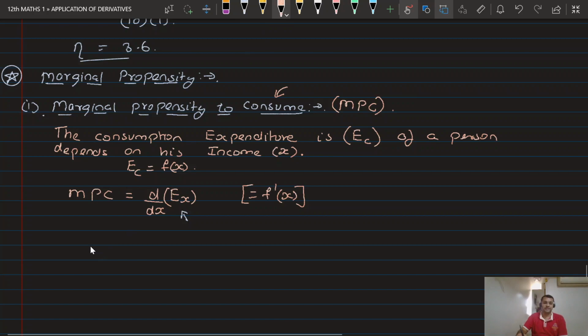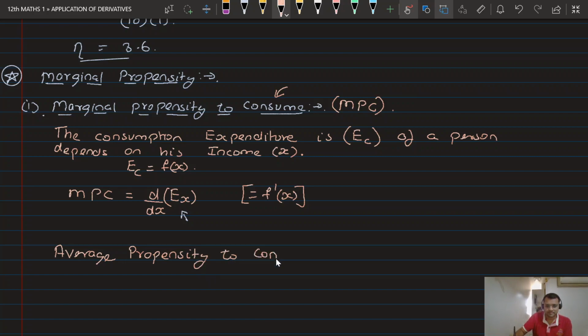Other than this, sometimes we can be also asked to find out the average propensity to consume. This is given by APC, and we say that average is nothing but total upon the number of units.